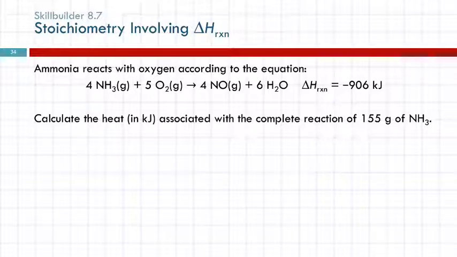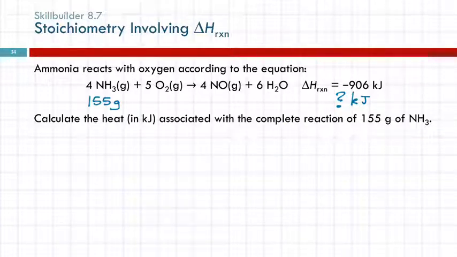I'm going to use my chemical equation to organize my information. 155 grams of ammonia, so I'm just going to write that amount here. And then what I'm asked for is heat in kilojoules, so I'll go over here and write question mark kilojoules. Calculate the heat associated with the complete reaction.